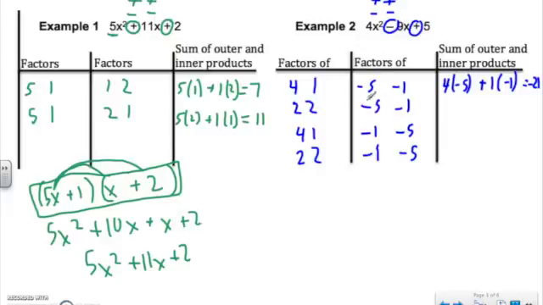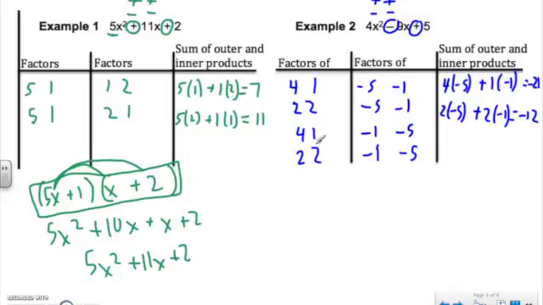Alright, if I do the next one, I would have 2 times negative 5, and I would have 2 times negative 1. Alright, so 2 times negative 5 would be negative 10, and 2 times negative 1 would be negative 2. So that would give me a negative 12, which is still not what I'm looking for.